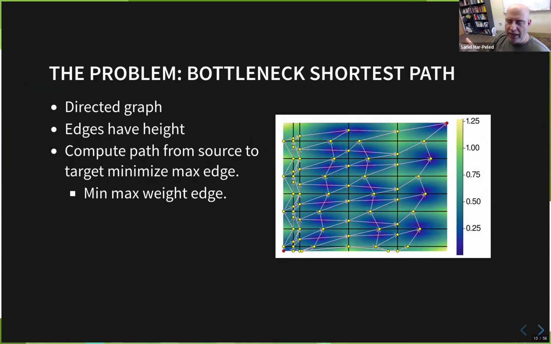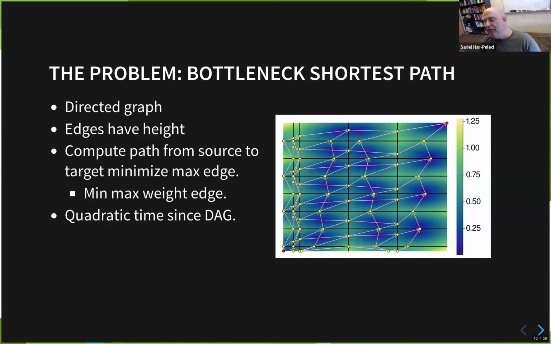So we have a directed graph. It's easier conceptually to think about it as the edges having height, it doesn't really matter. And we want to compute the path from the source to the target that minimizes the maximum weight edge, right? So it's a min-max edge. And in this case, it can be solved easily in quadratic time.